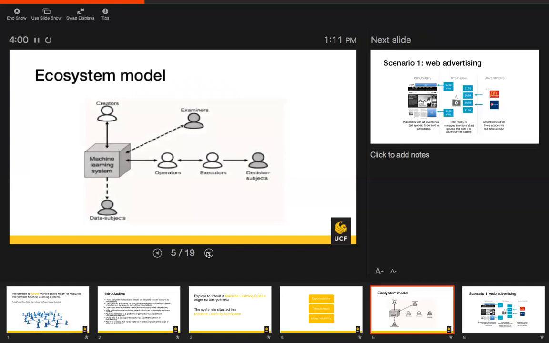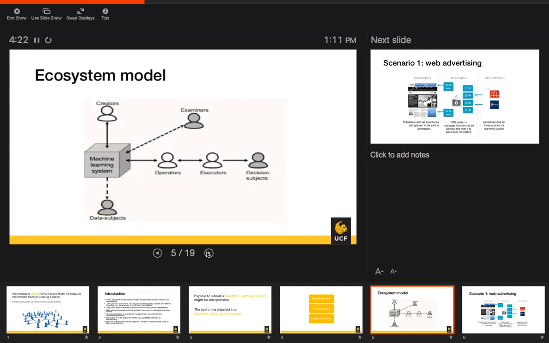So they defined an ecosystem model. They created 6 different roles in the machine learning system. So they define the creators. The creator is the one who creates the machine learning system.